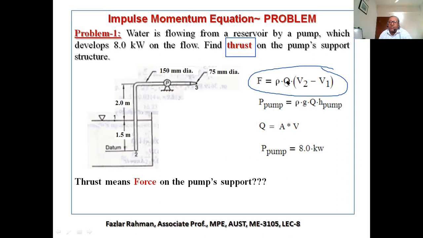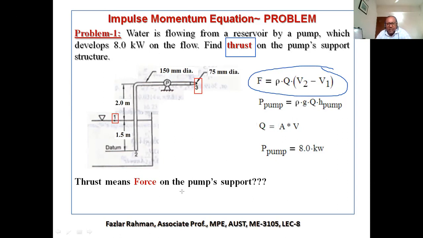Then you need to apply a little bit cleverly. If you use Bernoulli's equation between two points, like this point and point 3, then what will you get? What data? You have to look carefully. What will be V1? V1 will be 0 because you are maintaining constant height at the surface. Then what will be P1? Atmospheric pressure.